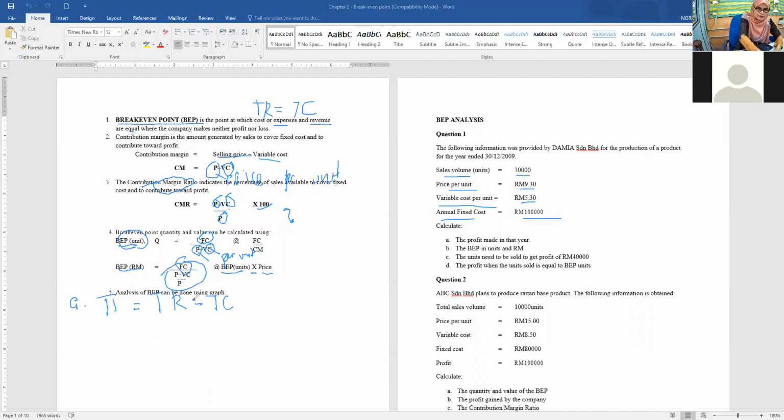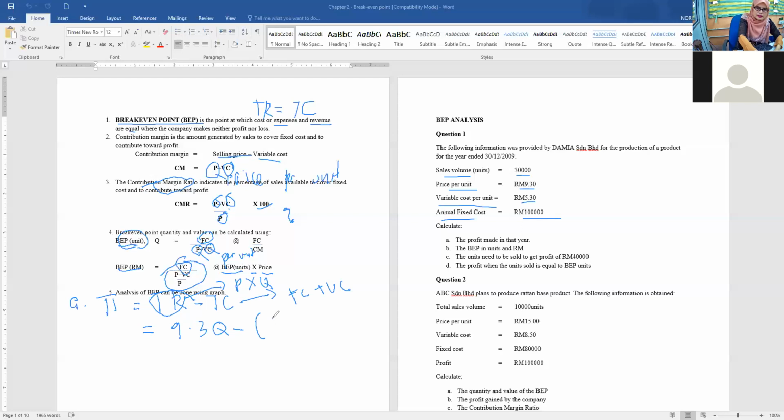We know that the formula for total revenue is price times quantity. So price is 9 ringgit 30 cents times Q, so 9.3 Q, minus the formula for total cost, which is fixed cost plus variable cost.